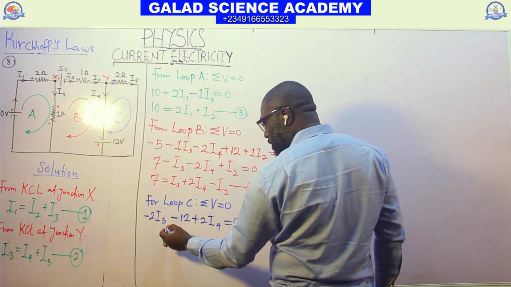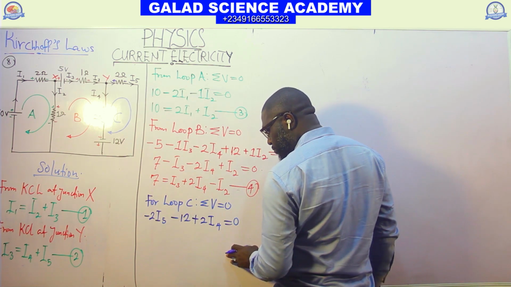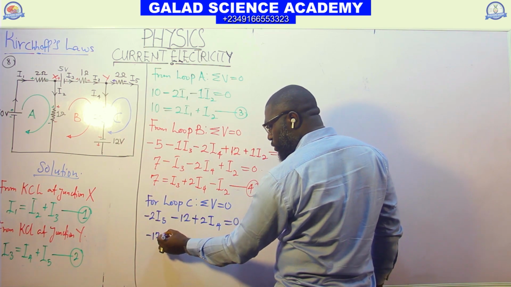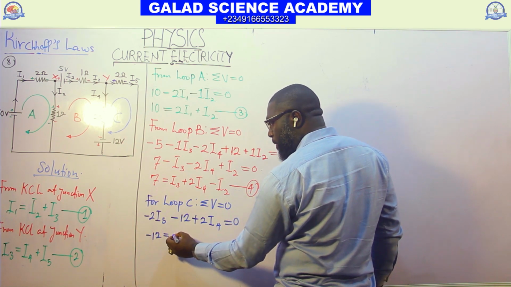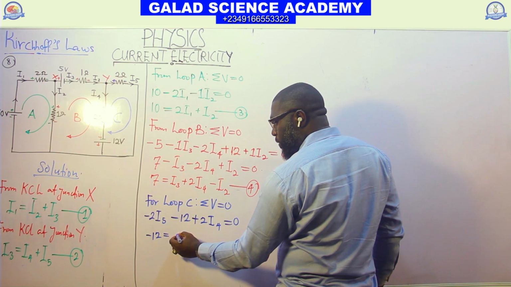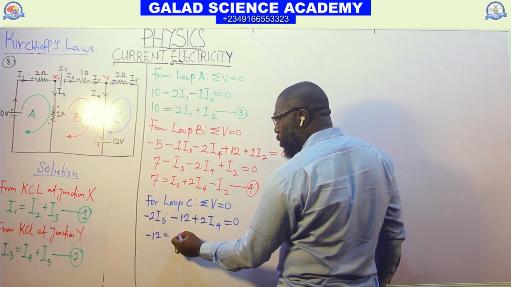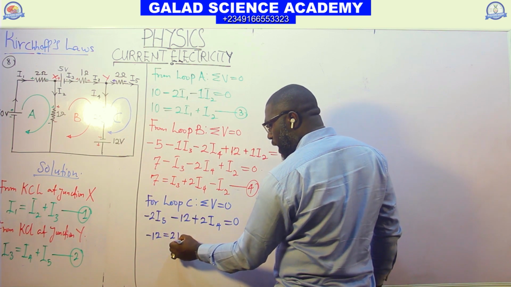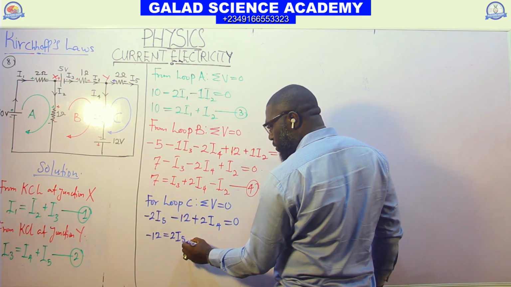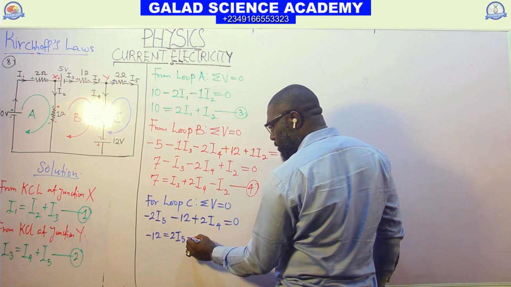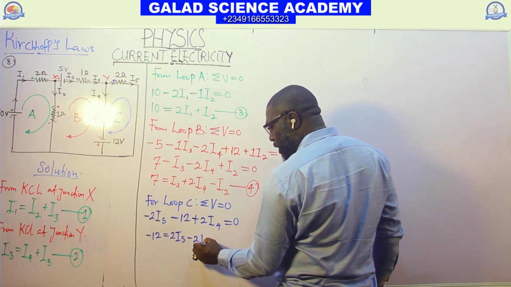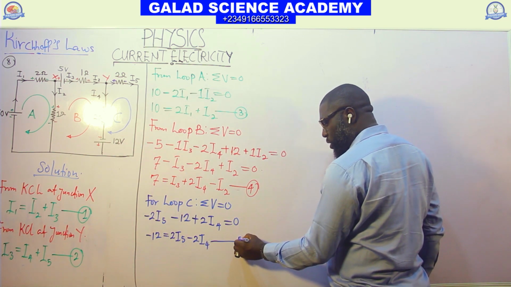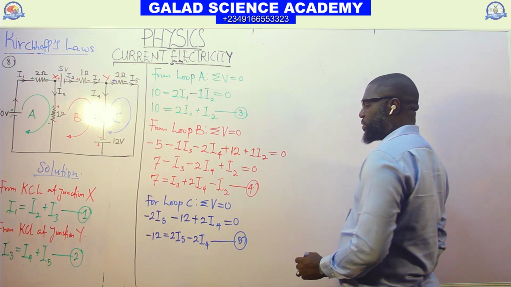From this expression, we can have minus 12 should be equal to 2I5 minus 2I4. Let me call it Equation 5.